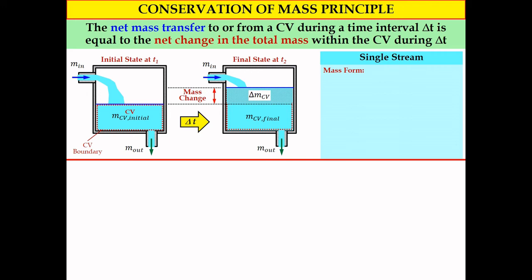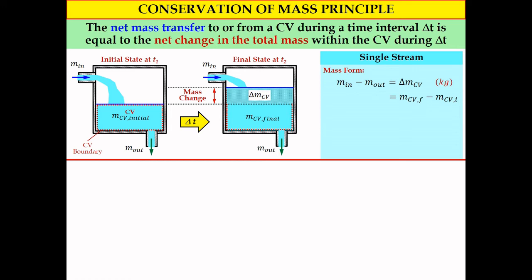In mass form, we have m in minus m out equal to delta m_CV, in kilogram in terms of unit. m in minus m out represents the net mass transfer, and delta m_CV represents the net change in the total mass for the system. Delta m_CV also equals m_CV for the final state minus m_CV for the initial state.